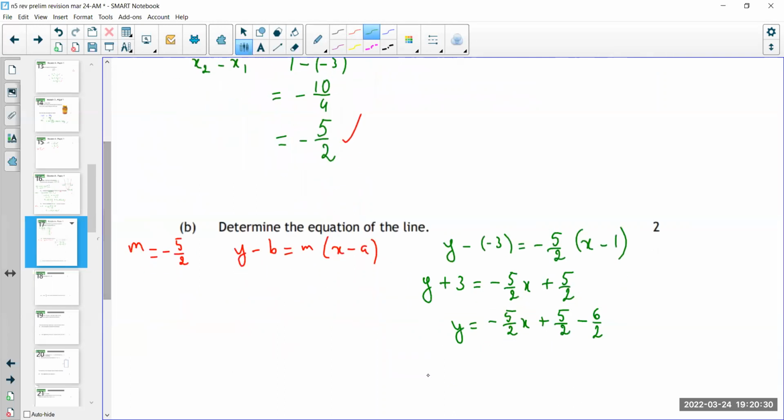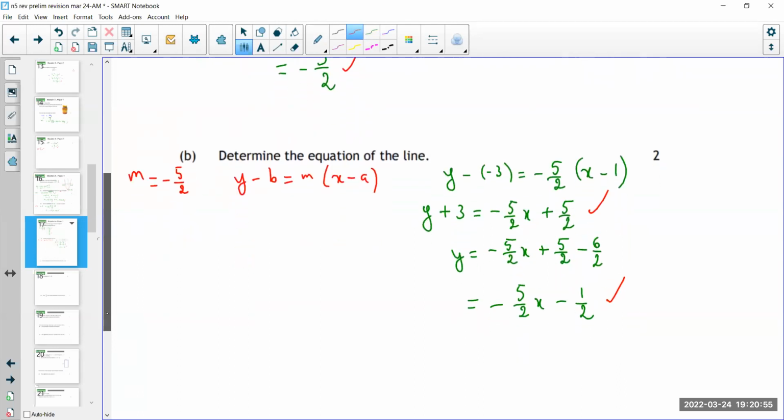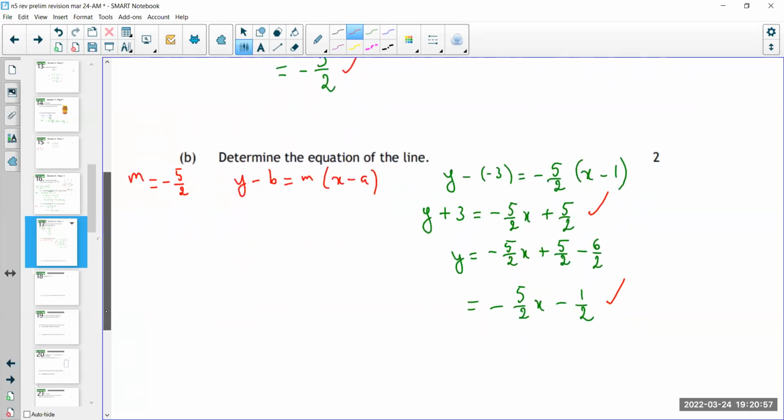And your final answer is just minus 5 over 2x plus 11 over 2. You can write it like that. Or if you prefer, you can say it's 5x plus 2y minus 11 equals 0. Whatever format is fine. You get your mark for this. You get a mark for this.